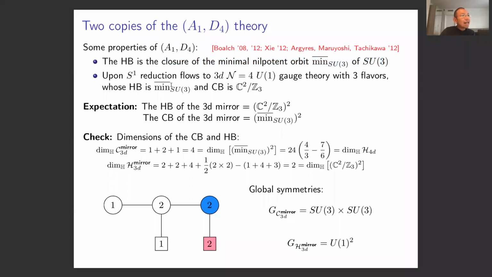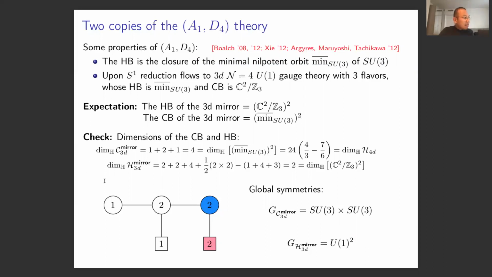Again, the Higgs branch is the same here, the minimal nilpotent orbit of SU(3), and the Coulomb branch turns out to be C^2/Z_3. So what is the expectation for this class S theory? You expect that the Higgs branch of the mirror is swapped to be (C^2/Z_3) squared, because you have 2 copies, and the Coulomb branch turns out to be the minimal nilpotent orbit squared.